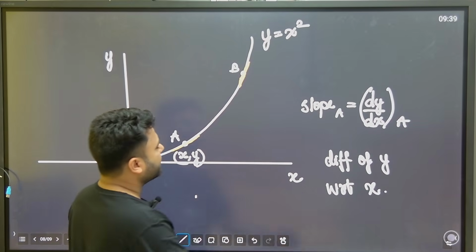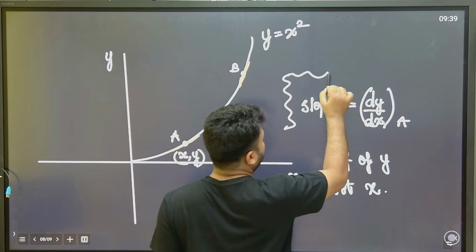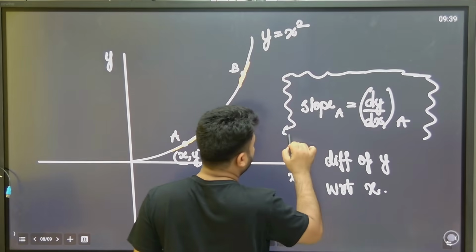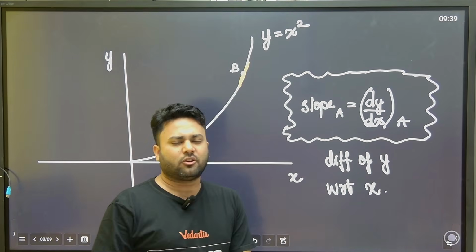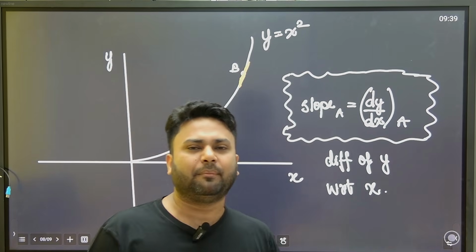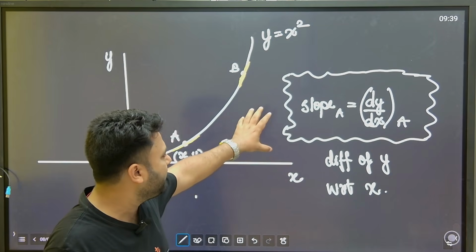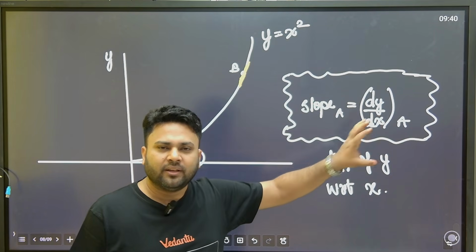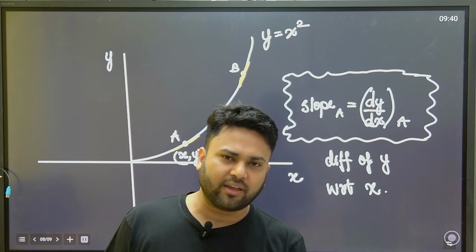This is the method. Just understand this pattern. Right now we are not much concerned about how it came about. Just remember the pattern, that if they ask for slope, it is dy by dx at that particular point.